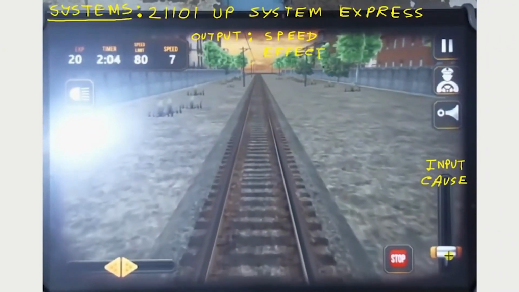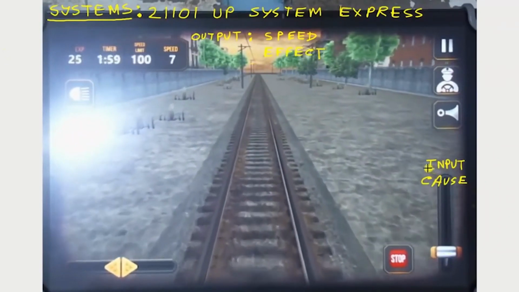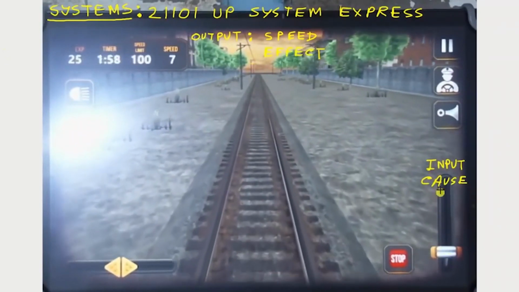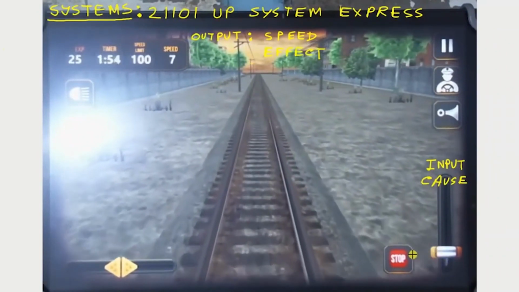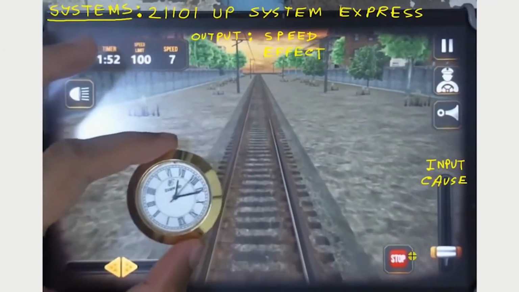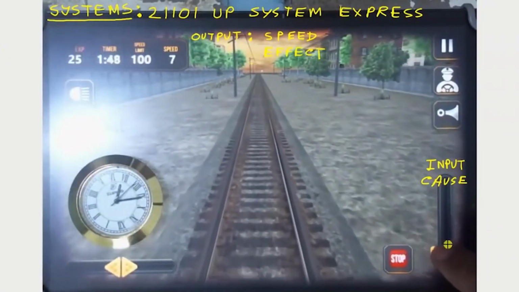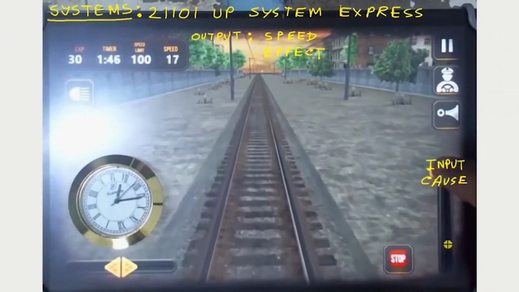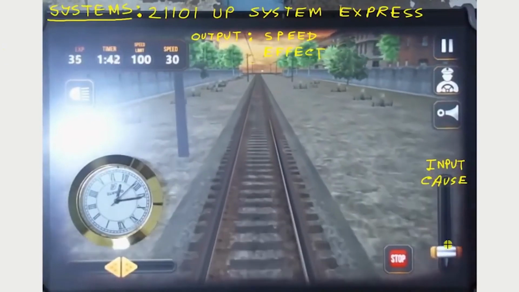Now, the input or the position of the lever can be changed with time. As time changes, I can also change the position of this lever or the input up or down.